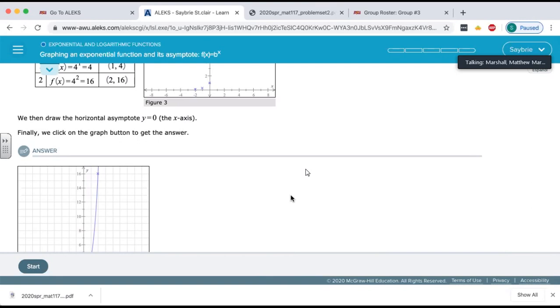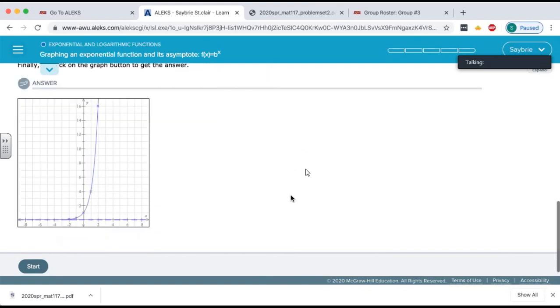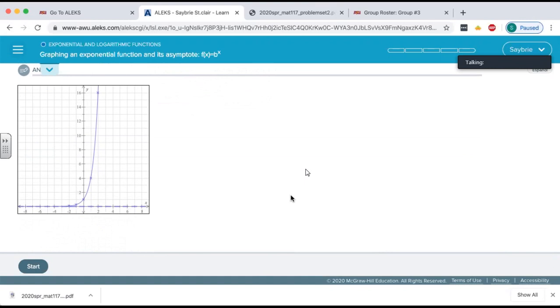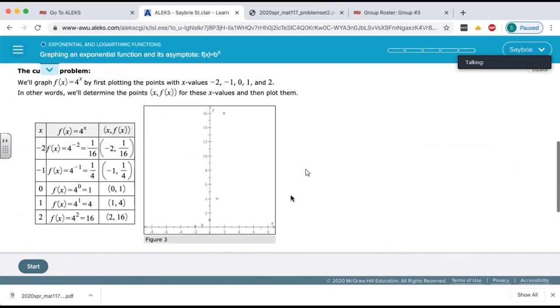Okay, you go down. And then let's go up to the original problem there. Right there, perfect. And this has a y asymptote of 0.